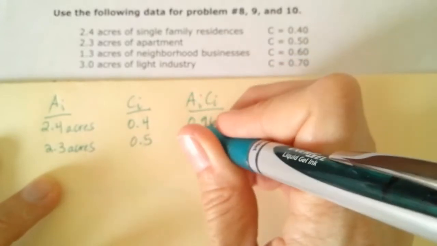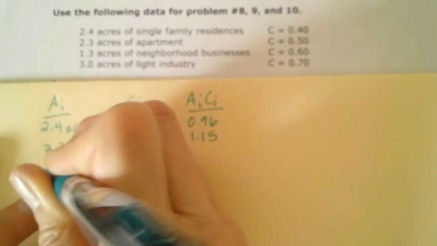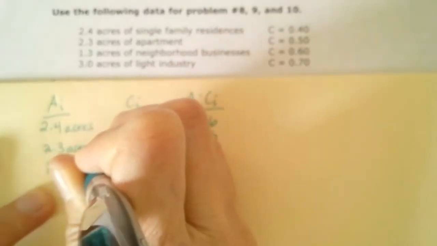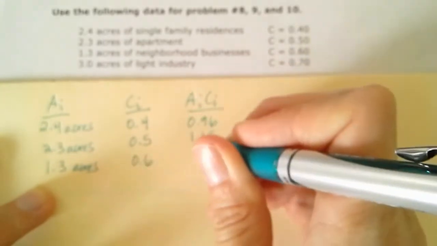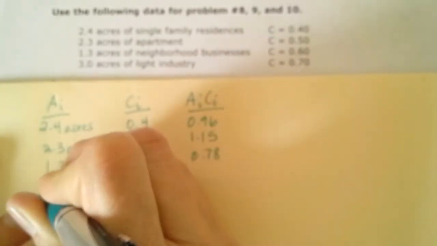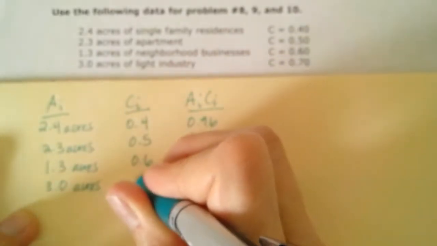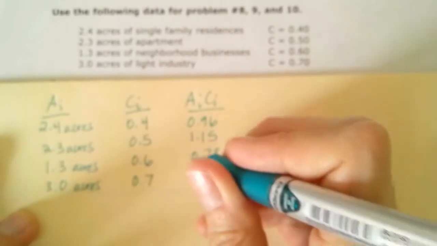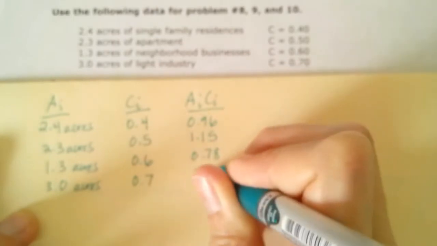So multiplying that across gives us 1.15. And then 1.3 acres of neighborhood business, which has a runoff coefficient of 0.6. So multiplying those across, 0.78. And then last 3 acres of light industry, which has a runoff coefficient of 0.7, which gives me an area times that coefficient of 2.1.